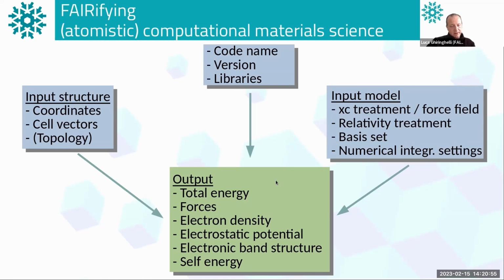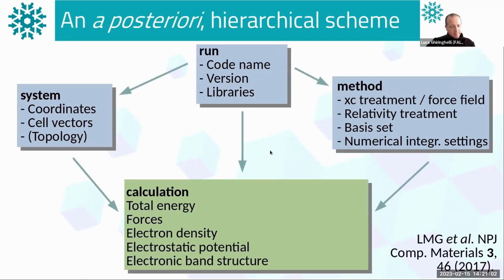And our metadata schema in the computational part maps directly this kind of semantical partitioning of the information. So we have things that we call sections in the metadata, and we have something about the system, something about the method, and something about the results, and something about the overall specification of the calculation.